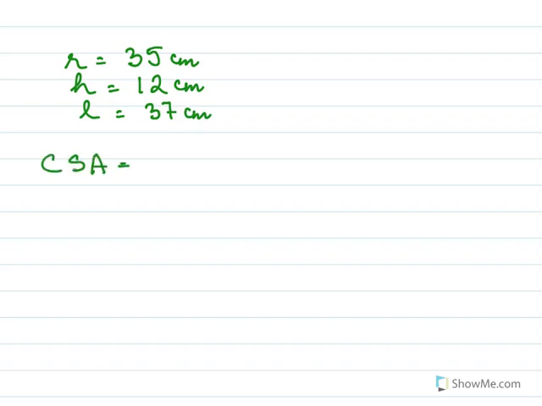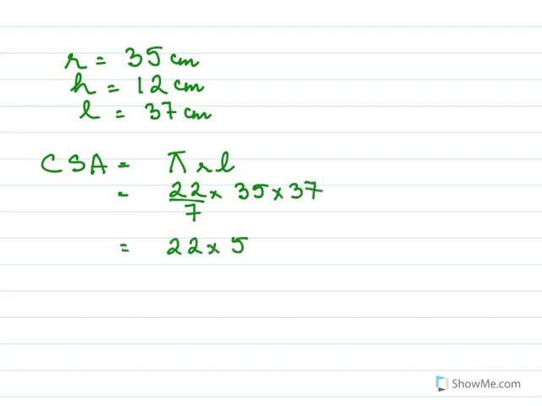The radius of this cone is 35 centimeters, the height is given as 12 centimeters, and we found the slant height as 37 centimeters. Now to find the CSA, it is pi r l: 22 by 7, r is 35, l is 37.